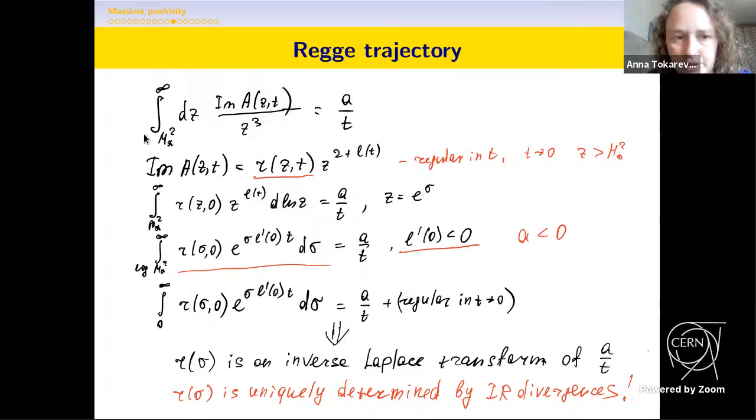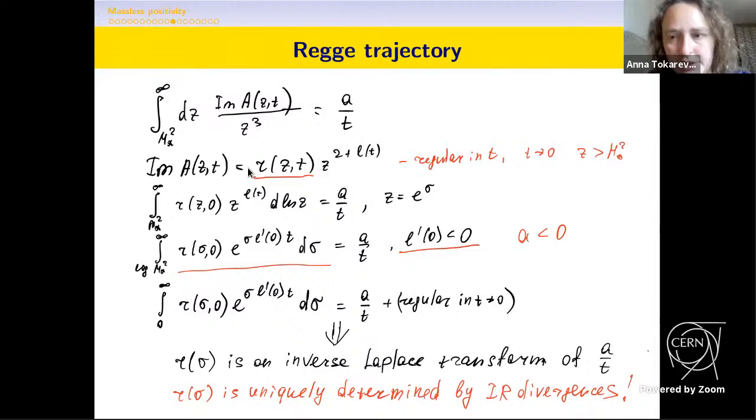Actually, in order to get this, one has to solve this integral equation, which means that the integral from some scale to infinity of the imaginary part has to take the form of a over t, and our task is to find what the imaginary part is as a function of z and t here.